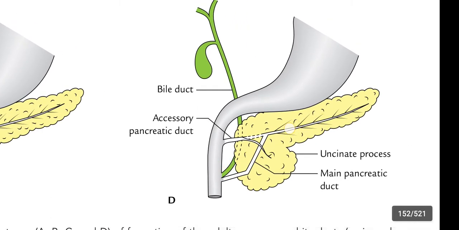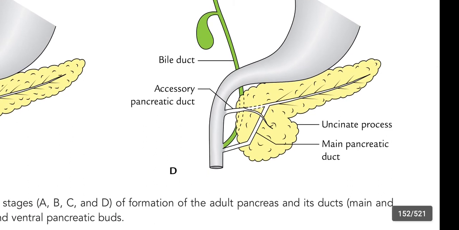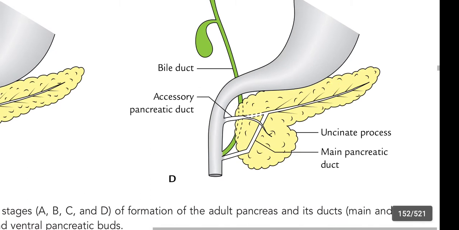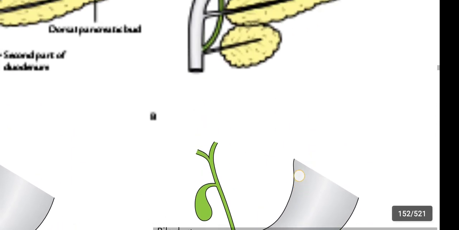The proximal part of the main pancreatic duct forms from the ventral pancreatic bud, and the remaining portion forms from the dorsal pancreatic duct. The duct between the anastomosis and duodenum remains and forms the accessory pancreatic duct, which unites in some cases. Okay, I think it is clear.